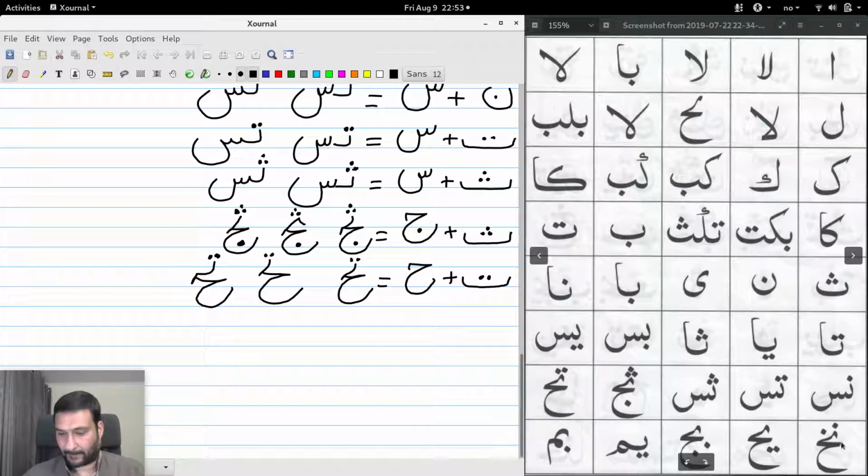Now comes noon kha. So how do we know that these two dots are two different dots and they belong to two different characters? It's because of the spacing in between them. You see this space. If you find two dots in any word, and if they are joined right next to each other, then they belong to the same letter. If they have space like this, then they belong to two different letters, and I'll show you what I mean. So this is actually a combination of noon and kha.